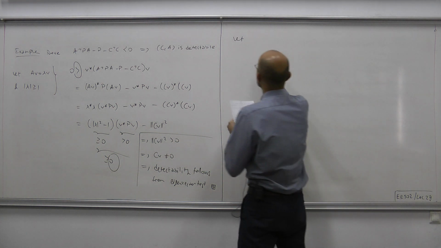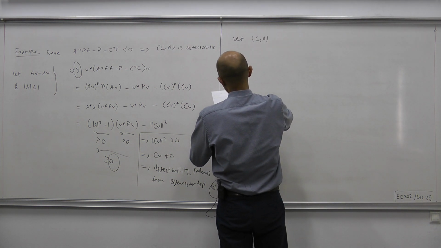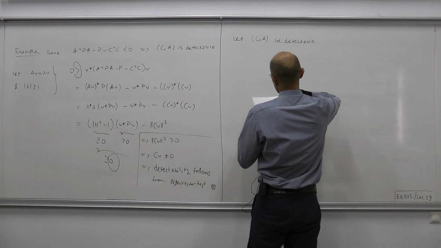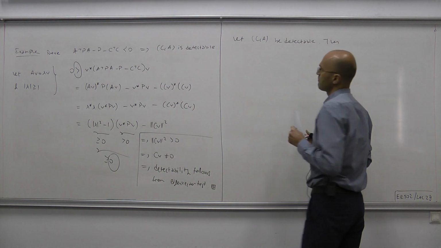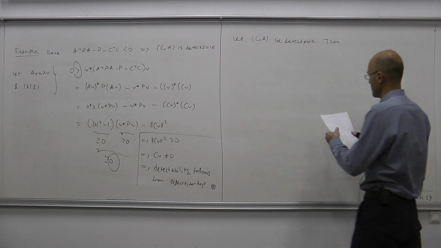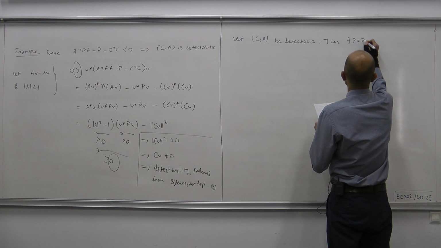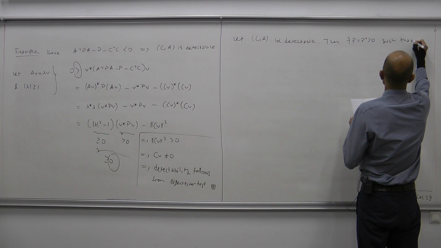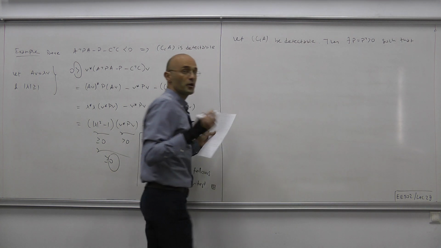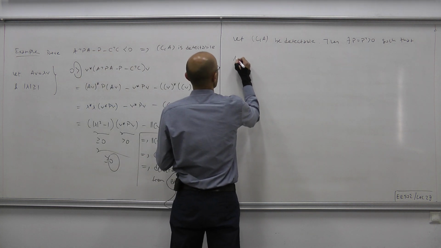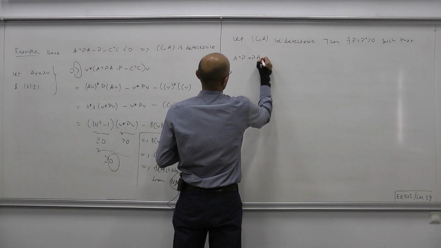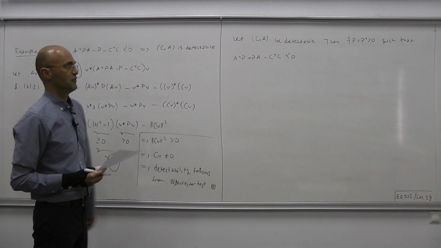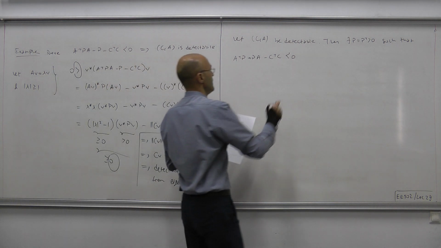So let a pair CA be detectable. Then, by the Lyapunov test, there exists a symmetric positive definite matrix P, in the continuous time case, such that A transpose P plus PA minus C transpose C is a negative definite matrix.